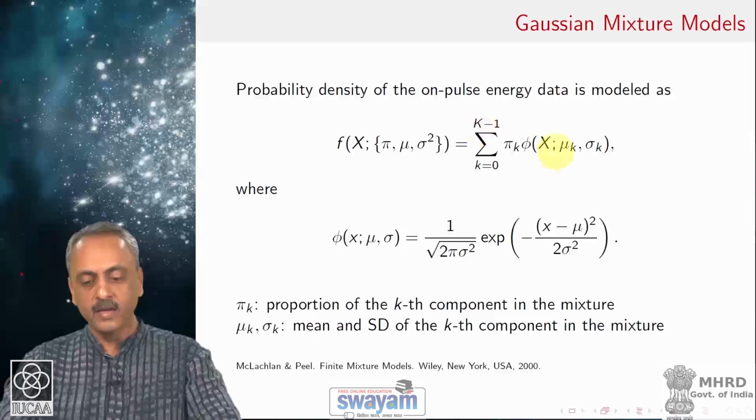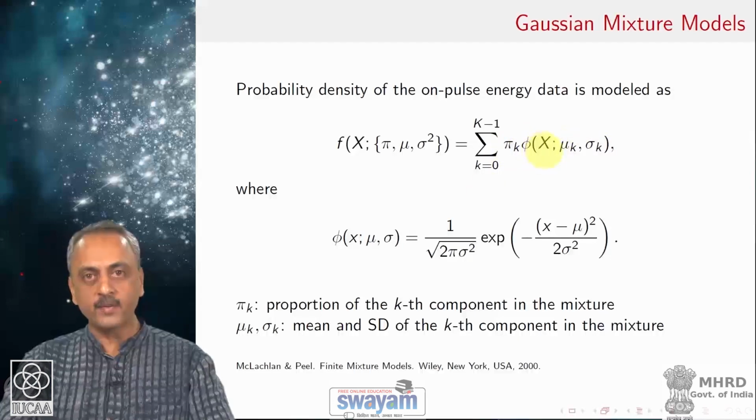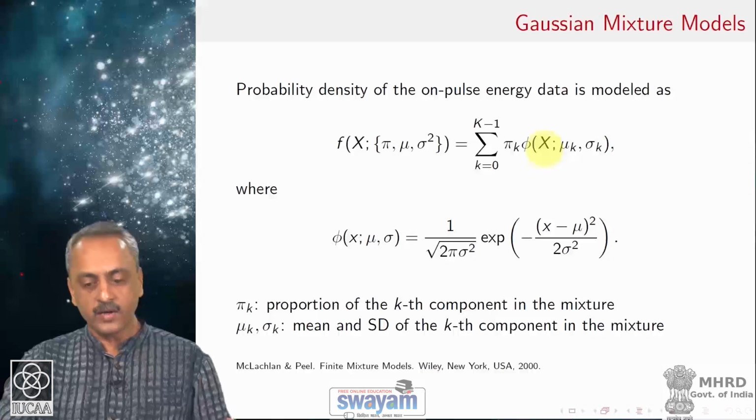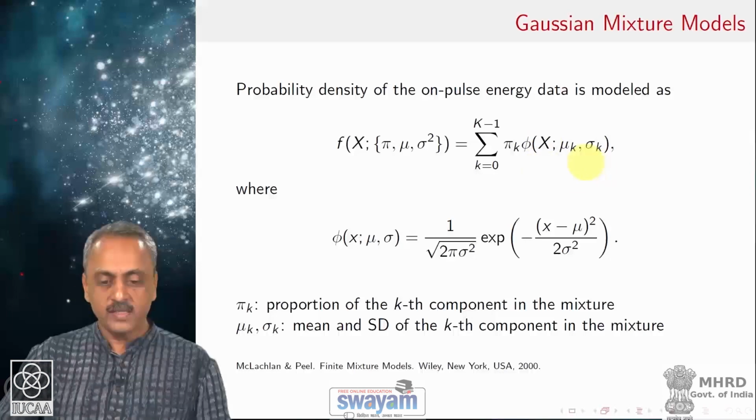You want to estimate these parameters, which are the mean and standard deviation of each Gaussian and the weight of each Gaussian in the mixture. So, these are the unknown parameters to be estimated from the data, where x represents the data variables. How is this done?